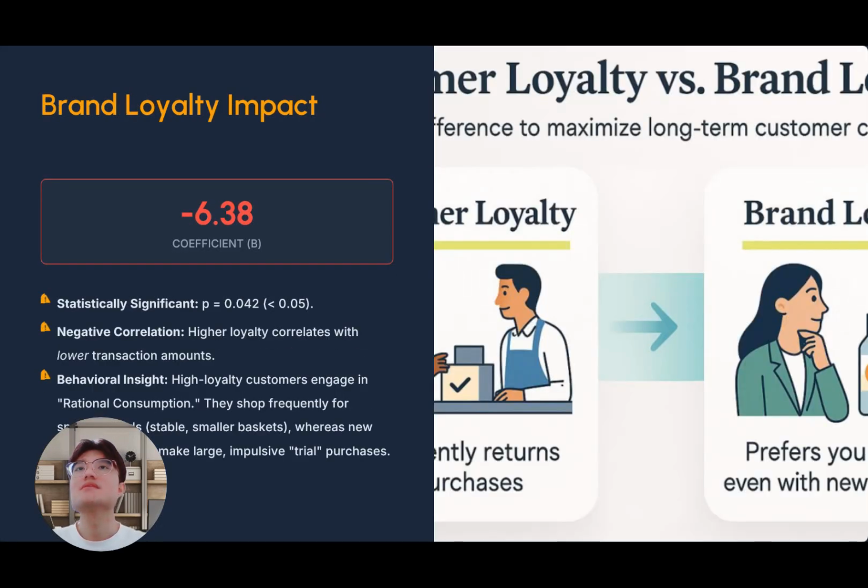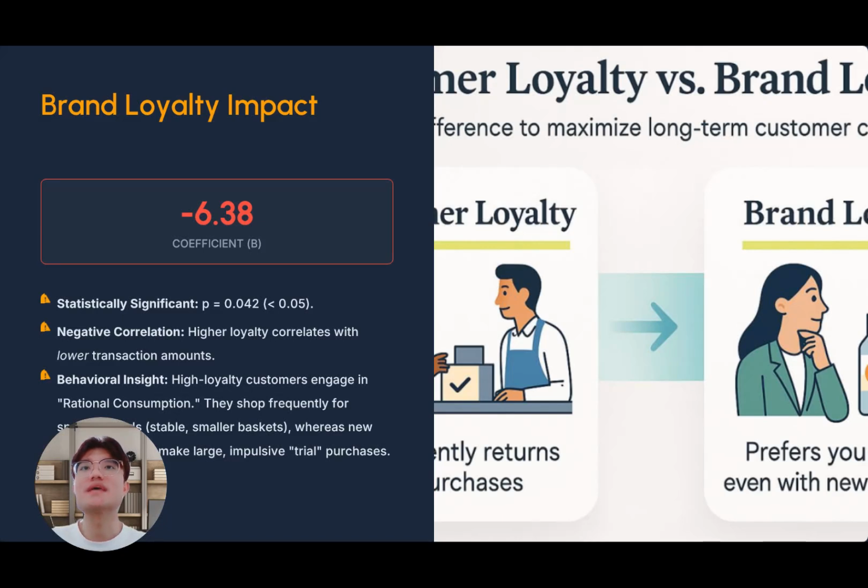Slide 9. Key findings. Brand loyalty. Now, here is the counterintuitive finding regarding brand loyalty. The data showed a significant negative correlation. In fact, higher brand loyalty was associated with slightly lower purchase amounts per transaction.